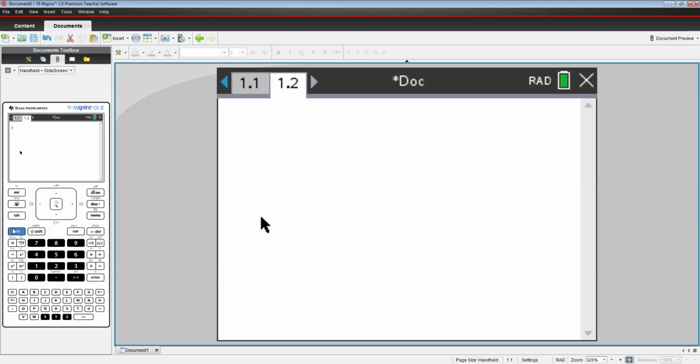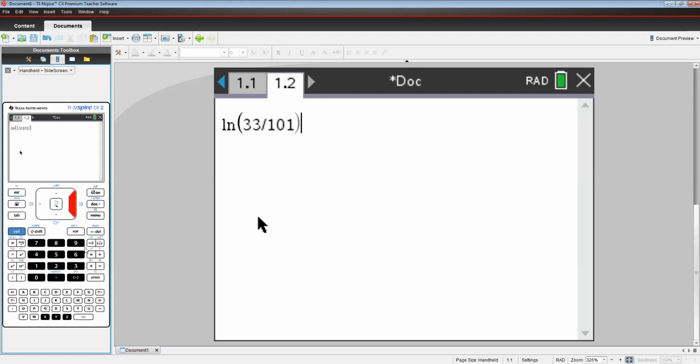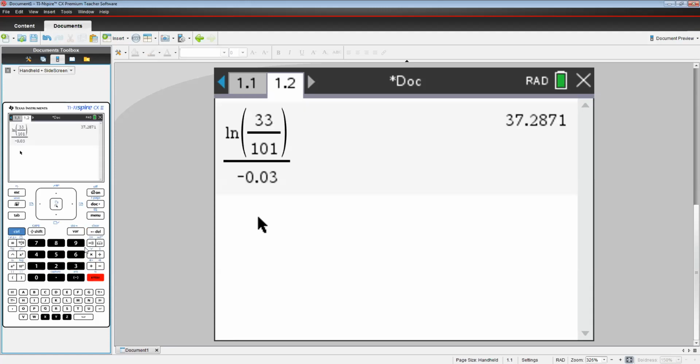It's really small font. Control, it's right there. ln of 33 divided by 101. And we're going to take all of that and divide it by negative 0.03. There's my negative. And you hit enter.